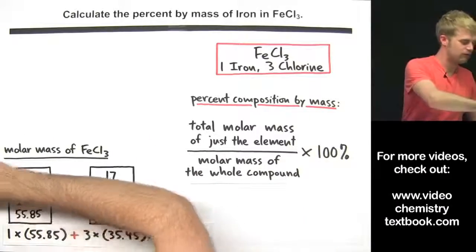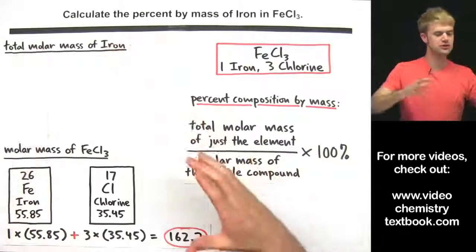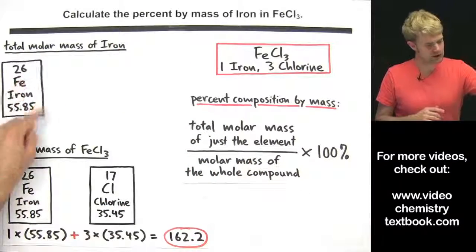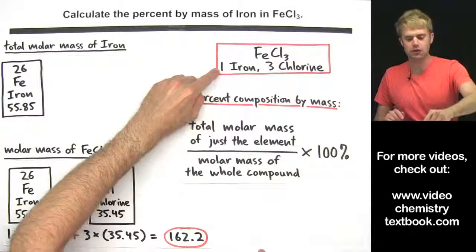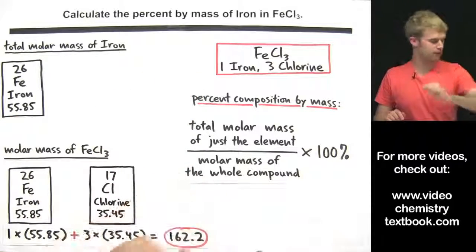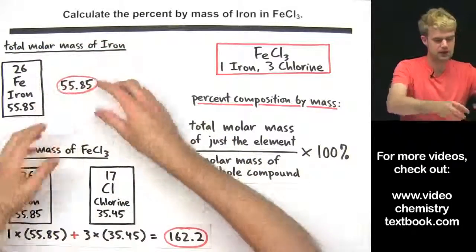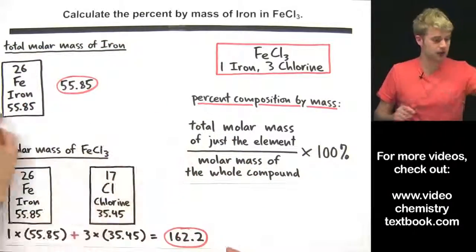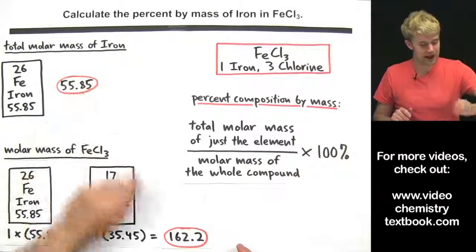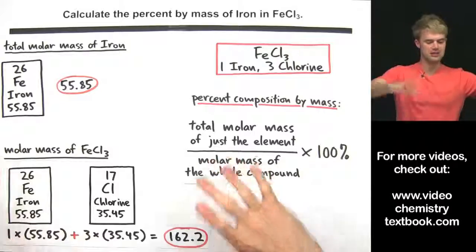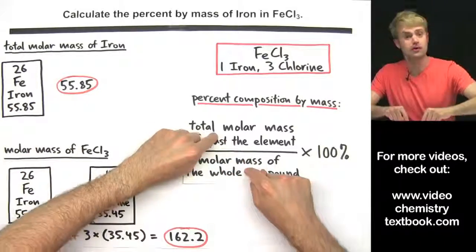Now for the total molar mass of just the iron, we'll want to zoom in on iron. Here's its molar mass. We look at the chemical formula, and we only have 1 iron. So the total molar mass of just the iron is going to be the same as just 1 iron. It's going to be 55.85. Now we have the mass of just the iron, and we have the molar mass of everything together. Let's put it in the equation.